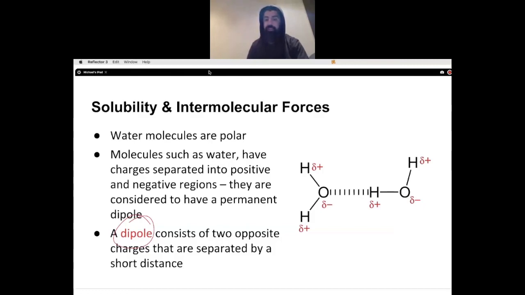Understand that the polarity always moves from the positive to the negative end. So the arrow represents the direction of where the slightly negative part is, and this positive here, this looks like a positive symbol, that you kind of create with the arrow, shows where the slightly negative ends will be.